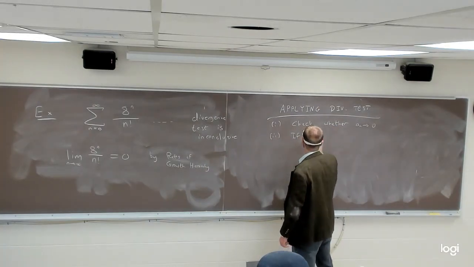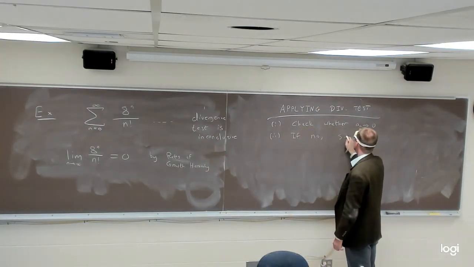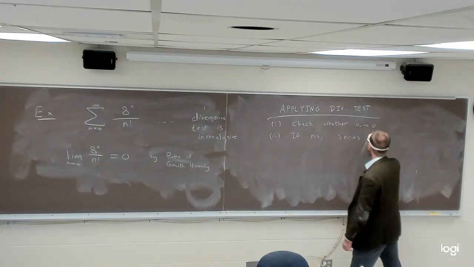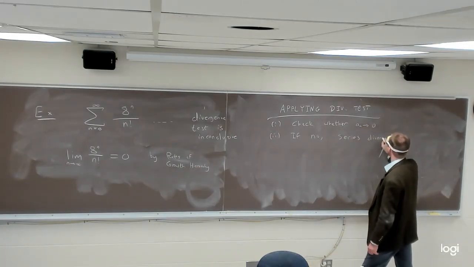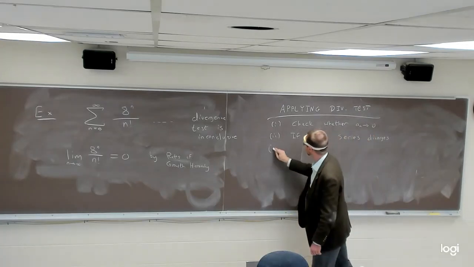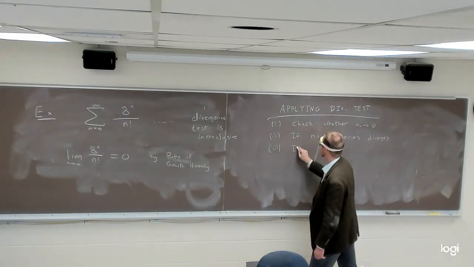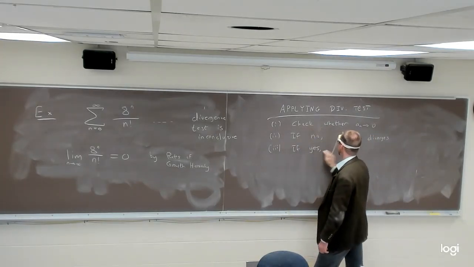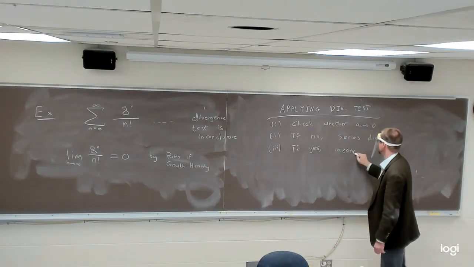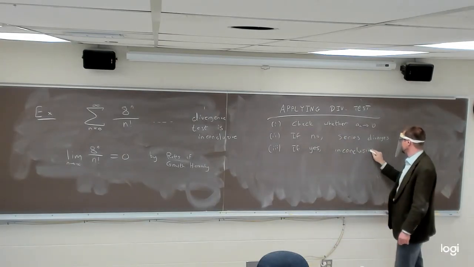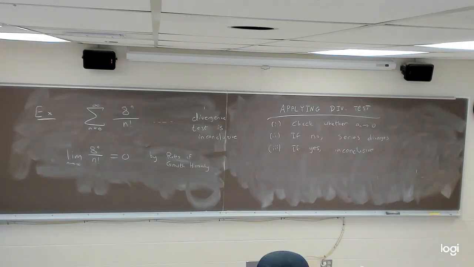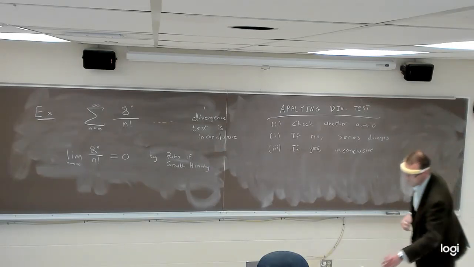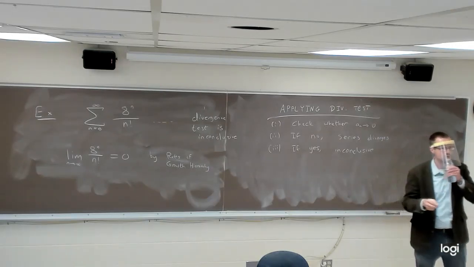If no, then the series diverges. And if yes, then the divergence test is inconclusive. And so you need to try to pull another tool out of your toolbox and see what happens.